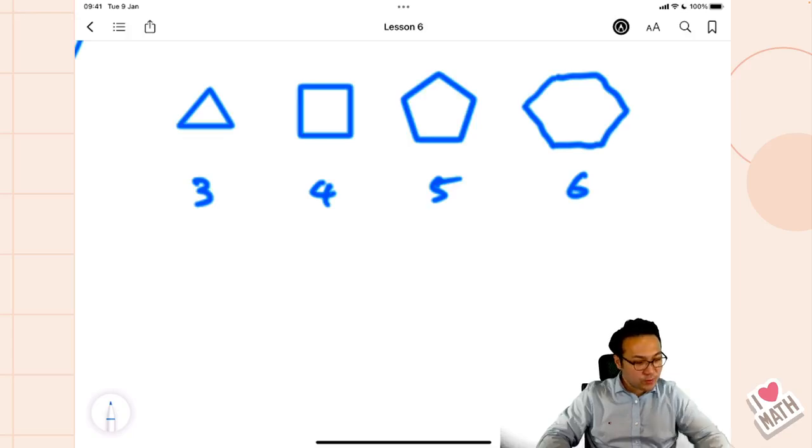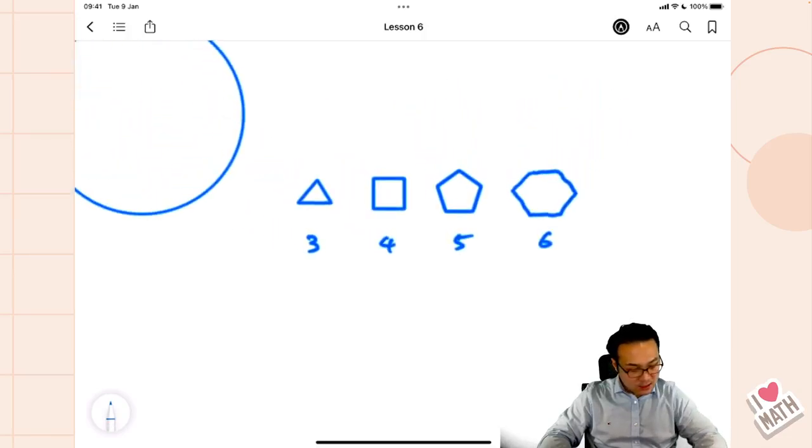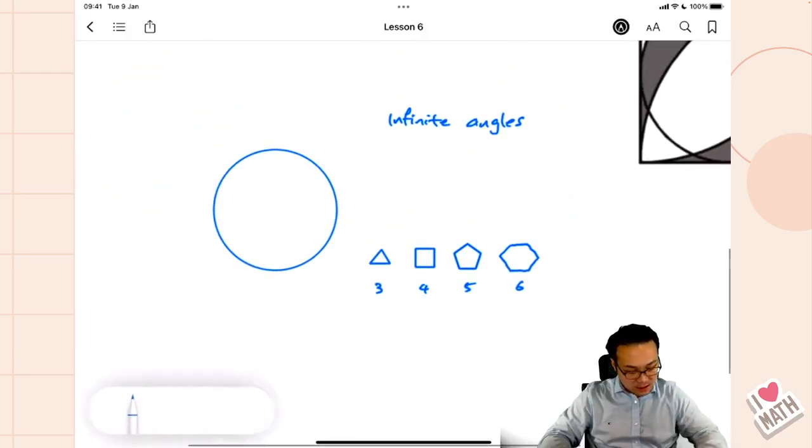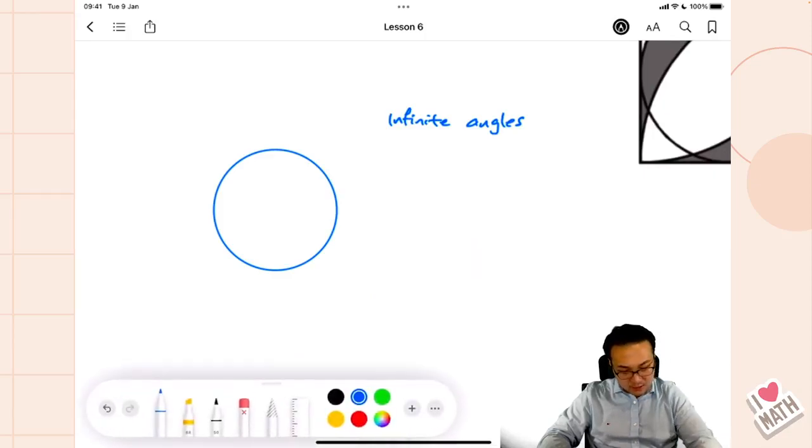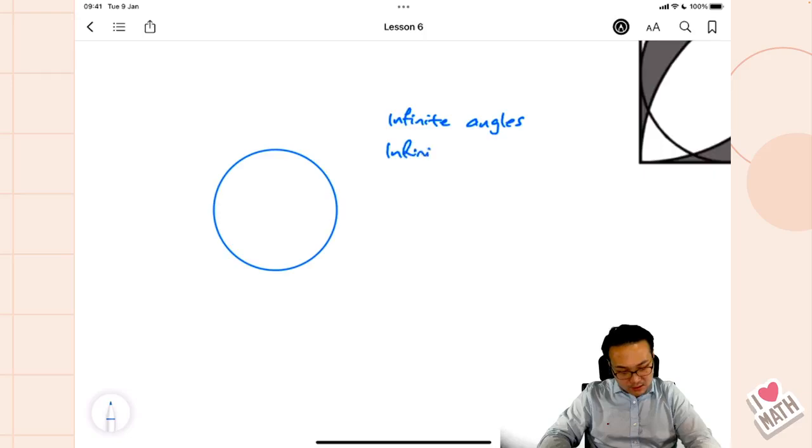If I continue drawing more and more sides, do you realize that it starts looking like a circle? So the circle has infinite sides and also infinite angles.